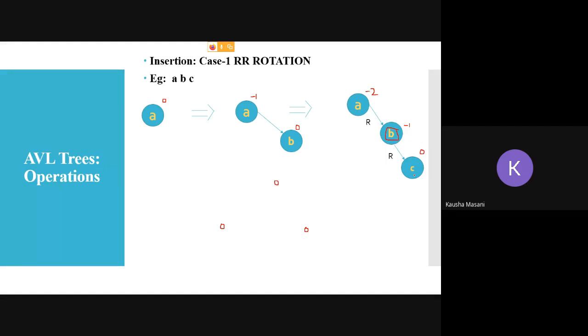If you are selecting the RR, then the rule is what? First, you will rotate this B and C to the left. If it is RR, in which direction are you going to rotate?